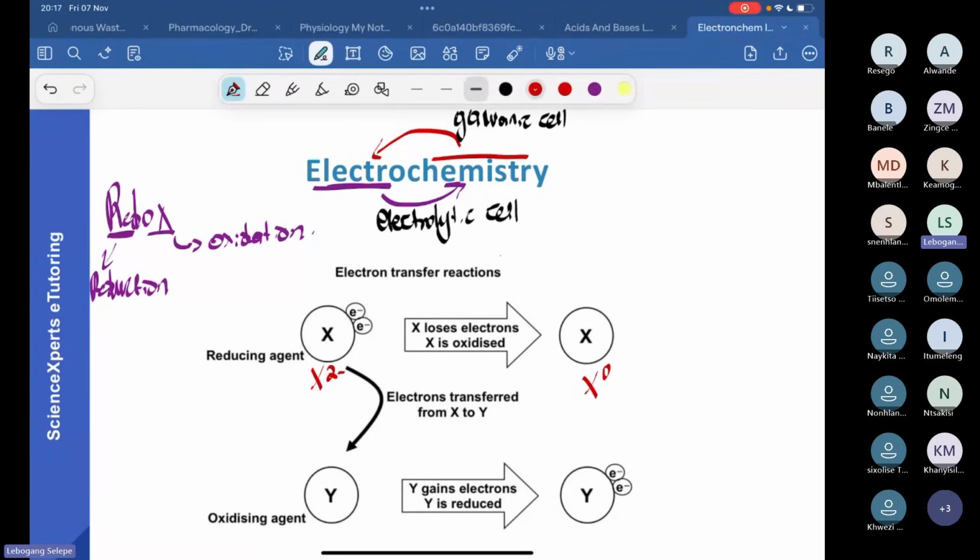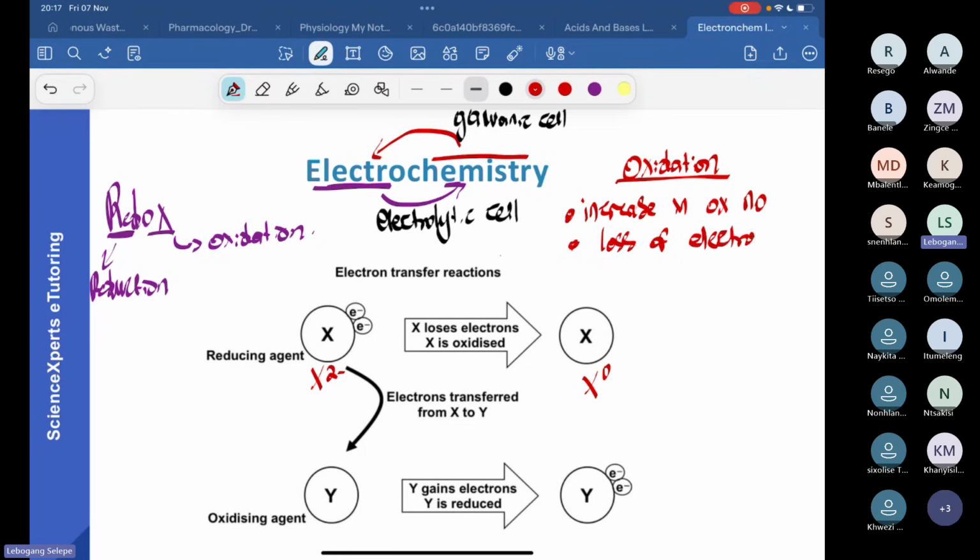So that is an increase in oxidation number, and it's called oxidation. It's an increase in oxidation number, or you can say it's a loss of electrons.